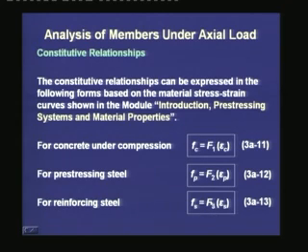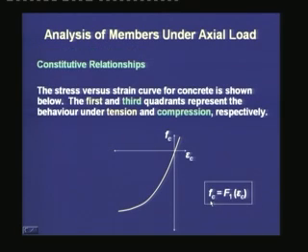Let's try to understand this constitutive relationship for each of the members individually. The stress versus strain curve for concrete is shown in this figure. Here, the first quadrant, or the quadrant at the top right, represents the behavior under tension.